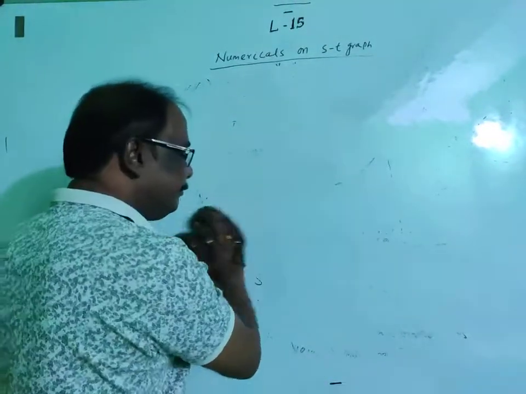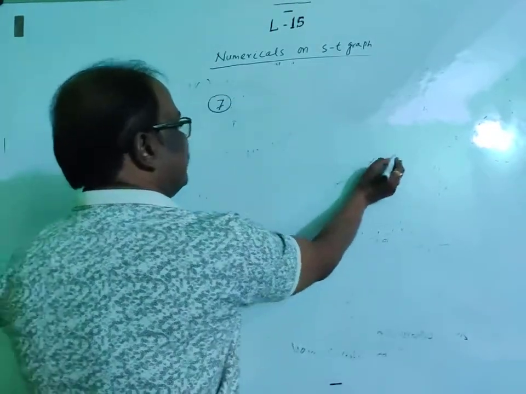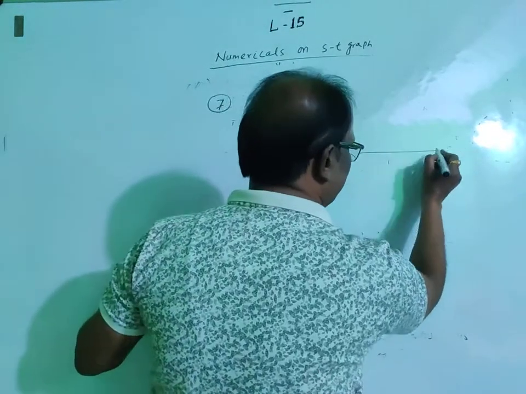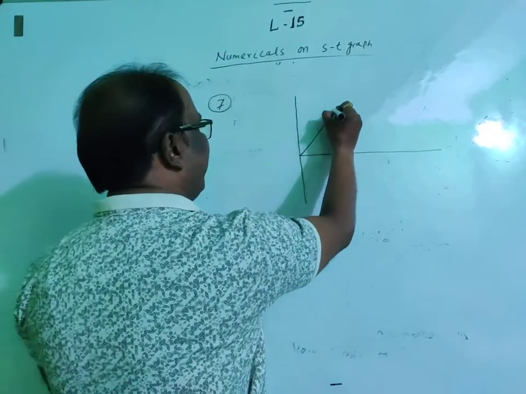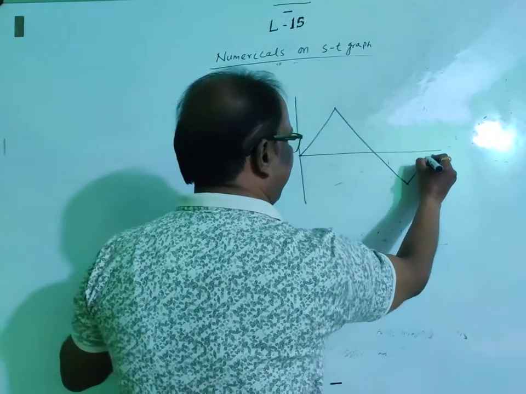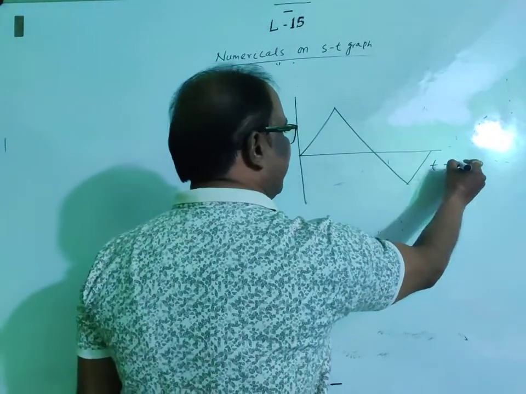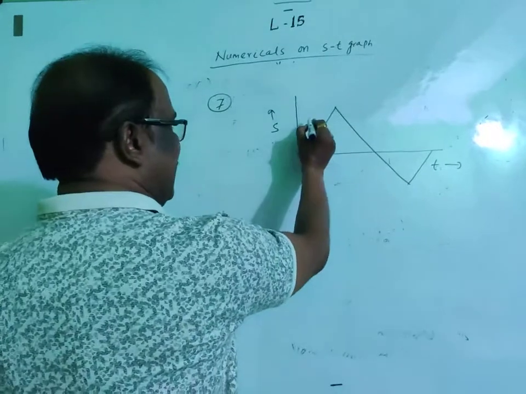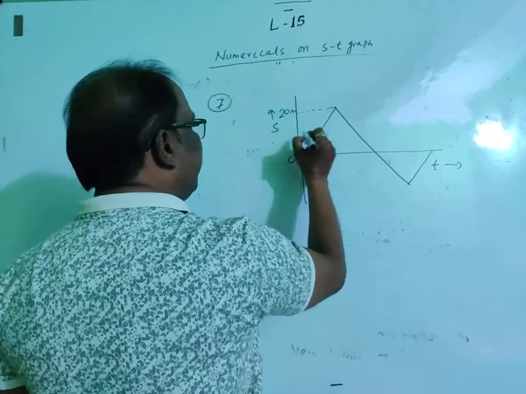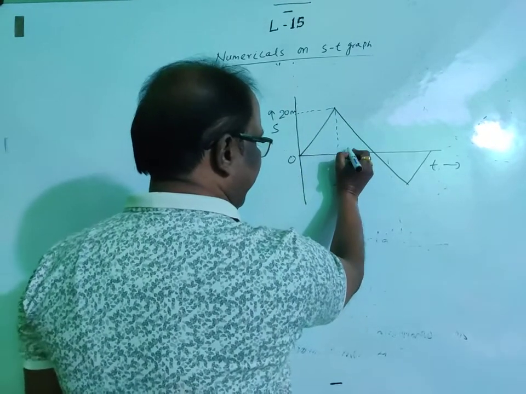Then the final question in this lecture, question number 7. Displacement time graph. Graph is like this. Displacement and variation of time. Let this displacement, this is 0, this is 20 meter.